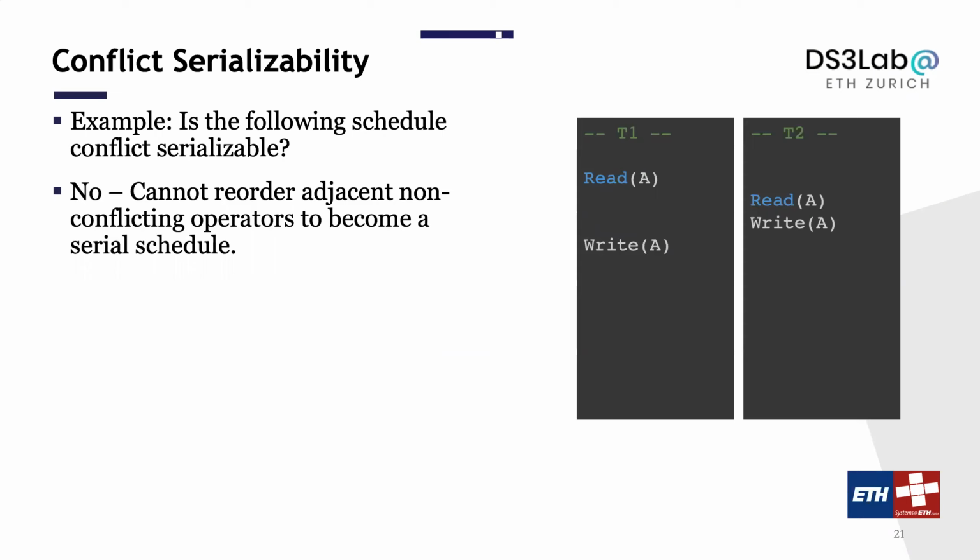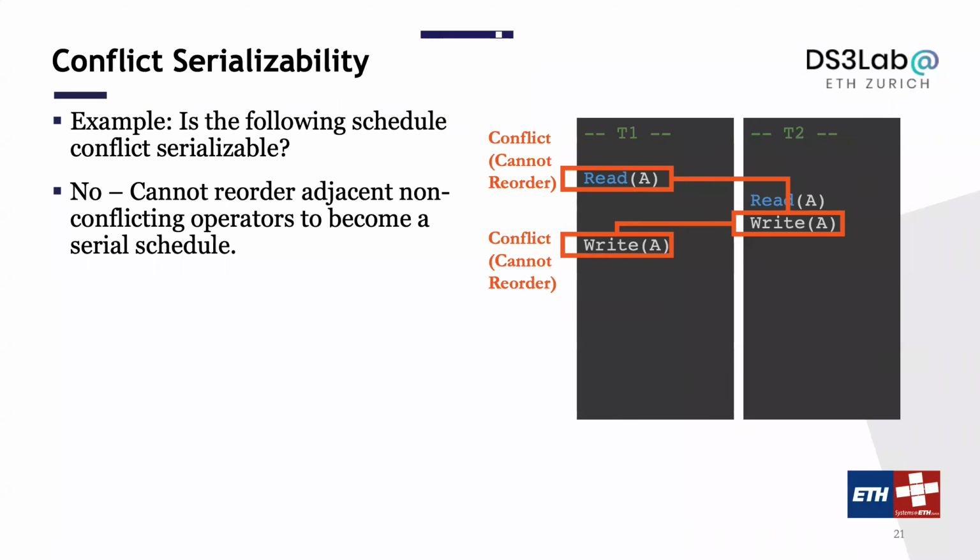So let's look at one example. Look at this schedule. You have read A from T1, read A from T2, write A from T2, and then write A from T1. Is this one conflict serializable? In this case, it's actually not. The reason is that you have this pair of operations that conflict with each other, read A and write A, and then you have this pair that also conflict with each other.